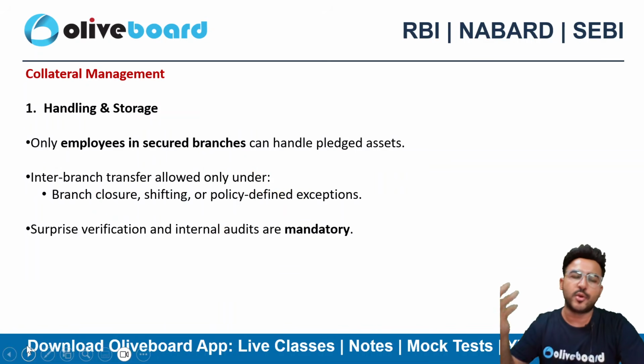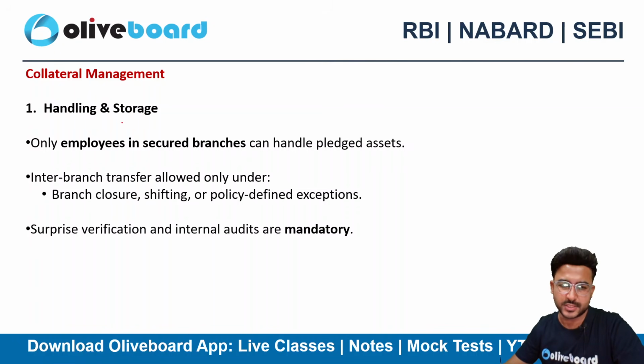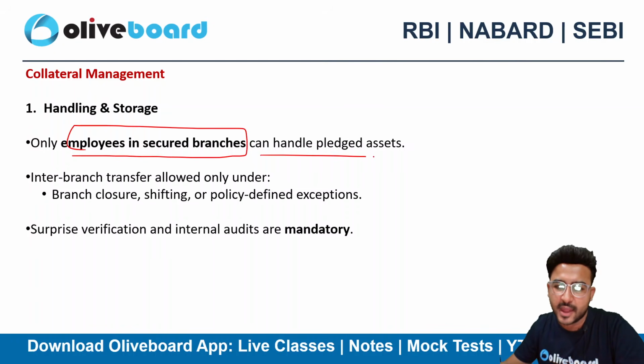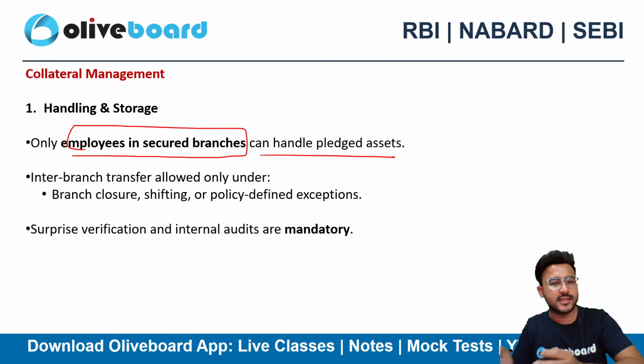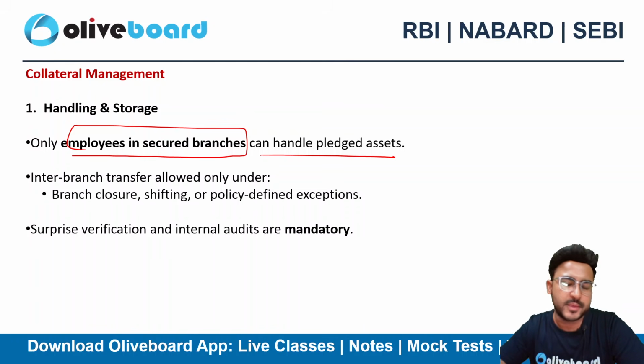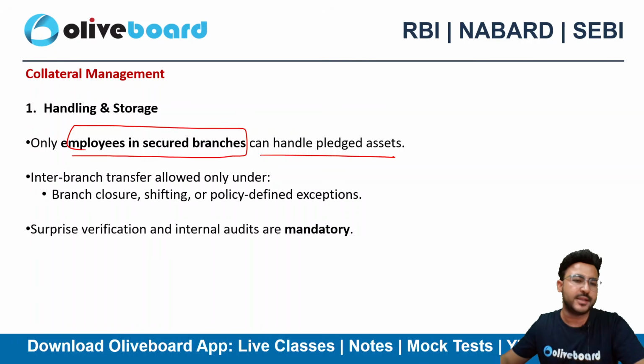Next, if I talk about collateral management, then for handling and storage, only employees in secured branches can handle the pledged asset. Not everyone, only the employees in the secured branches. It cannot be kept in any other branch. The branch should be highly secured in nature.